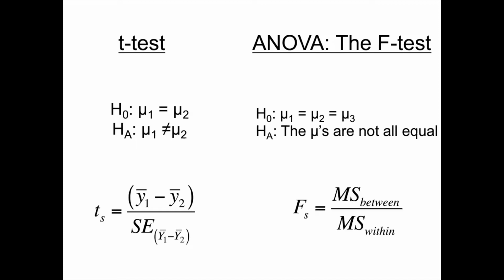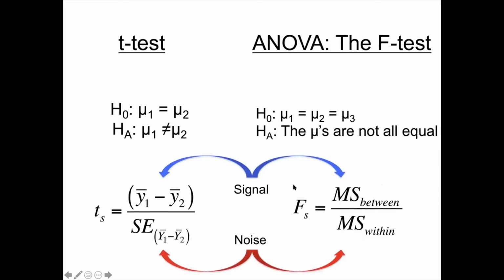Now, in this F-test statistic, then, we're simply calculating the differences among our population means relative to the differences within our population means. And here we're calculating these as the mean square between and the mean square within. And the ratio of this signal to noise is calculated as our F test statistic in our ANOVA.